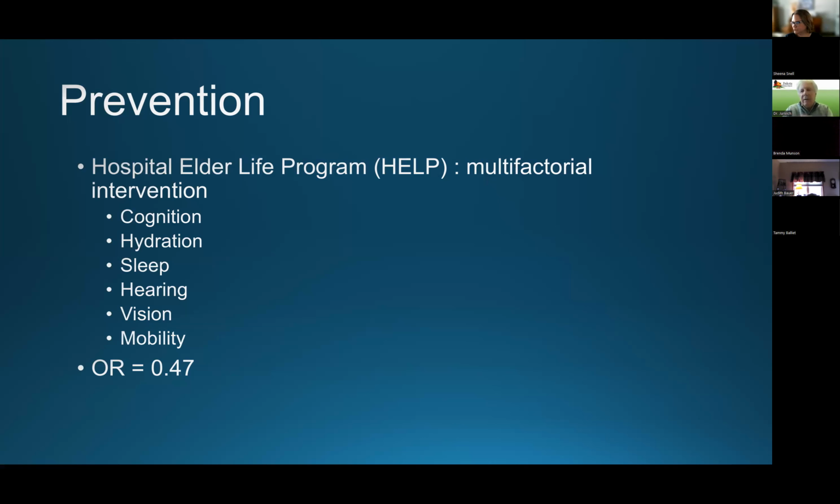And then you add a little bit of sleep apnea at night, and you've just triggered delirium, and then maybe plus or minus aspiration. So there's this whole cascade that we can help prevent if we just properly address mobility. So this HELP program reduces delirium significantly, odds ratio of 0.47, which is pretty good.